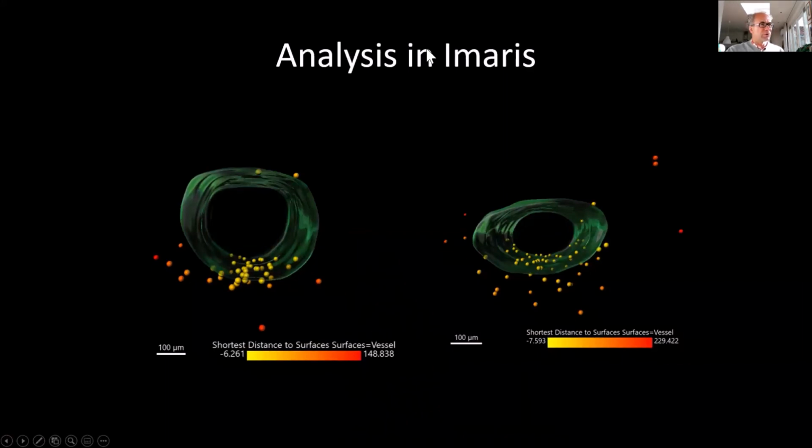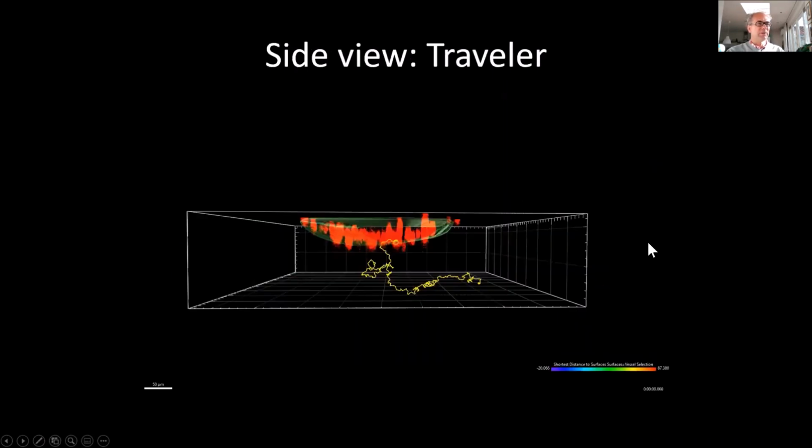And when we use a software program like Imaris, we can start to quantify a lot of things. We can quantify the number of cells in the vessel, or halfway, in mid-diapedesis, or the cells that actually entered the tissue. Then we can also discriminate the distance that they migrate into the tissue.